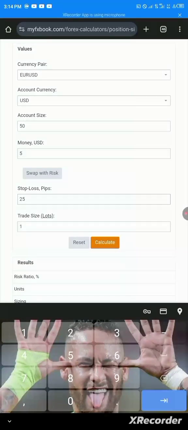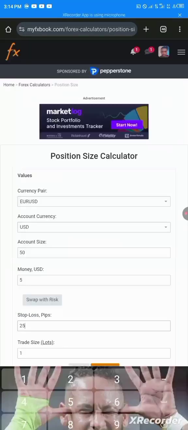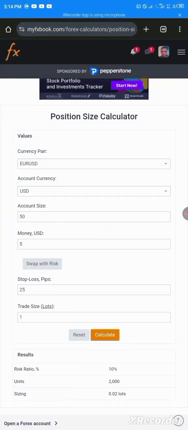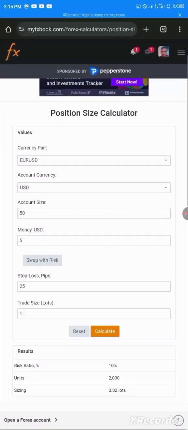And your trade size, which is your position, this one always remains here. You just calculate it. For you risking $5 in a $50 account, this is the lot size you're using, and you're using only one position.